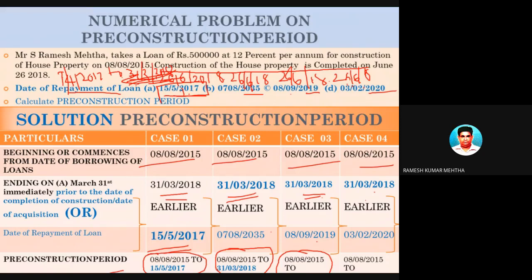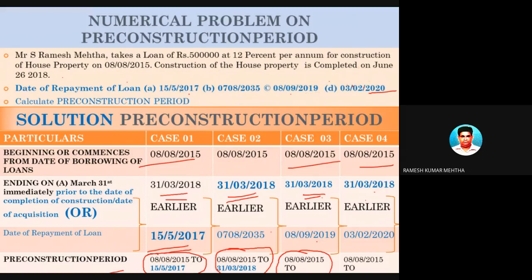Hope you have understood it, but I will explain once again so that any element of doubt is clarified. Let's calculate the pre-construction period one more time. The pre-construction period starts from the date of loan taken.